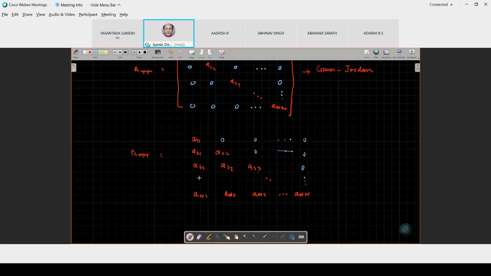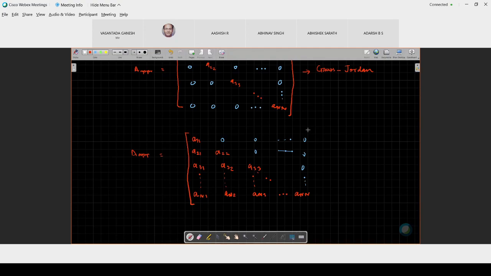Here there are numbers. So we have this lower triangular matrix.